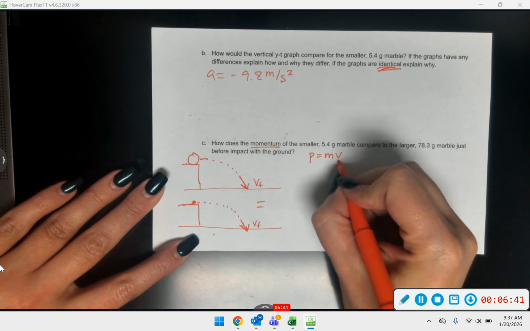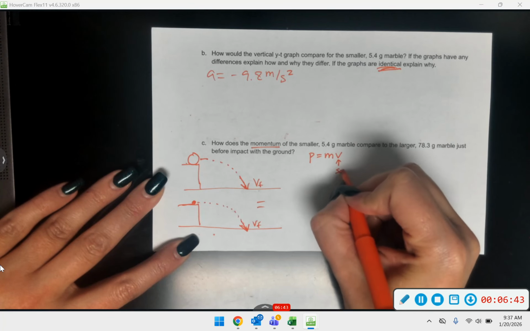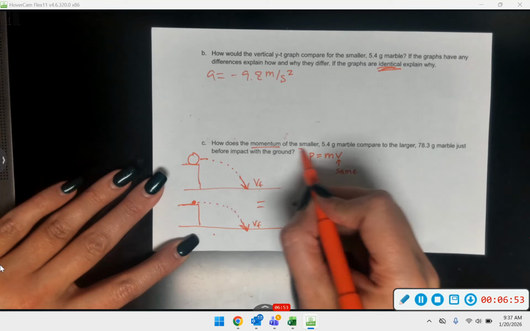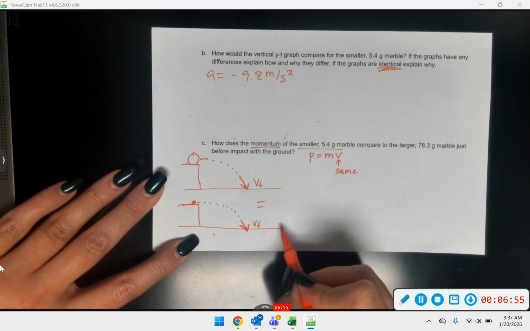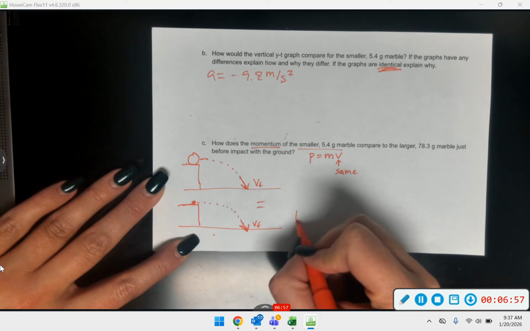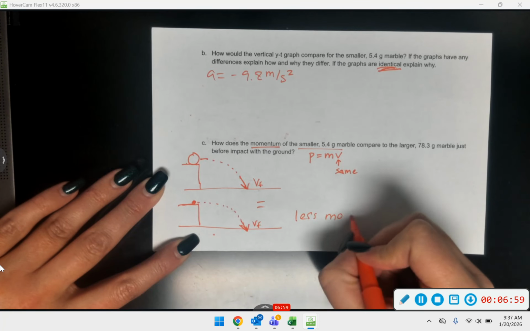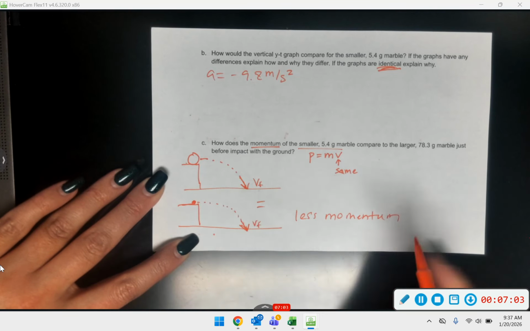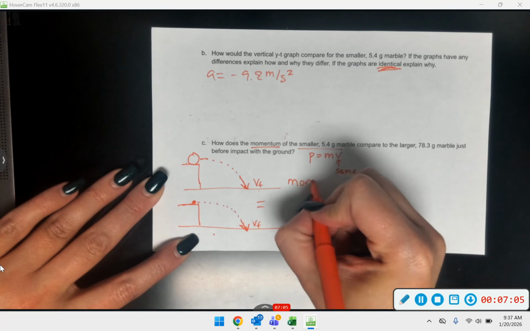So if their velocities are the same, but their masses are different, then they're going to have different amounts of momentum. The smaller marble, because it has less mass, will have less momentum. The larger marble, because it has more mass, will have more momentum.